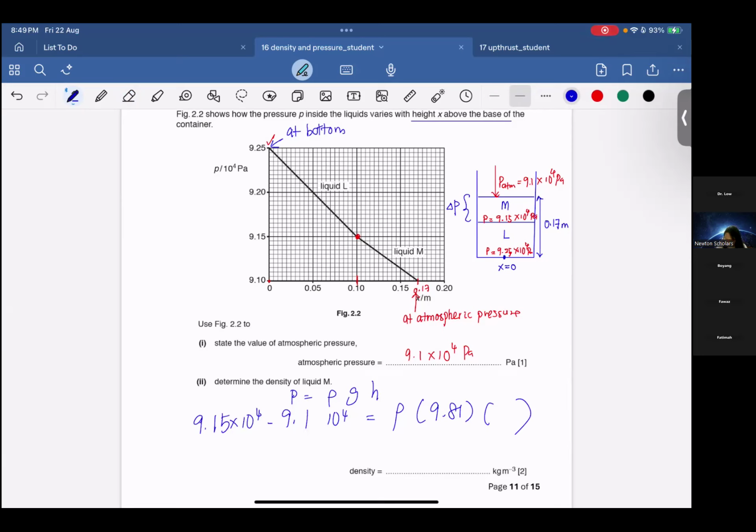So the h should be the height for this part, M. So it should be 0.17 minus 0.1. So density is equals to, my answer here, 730 kg per meter cube.